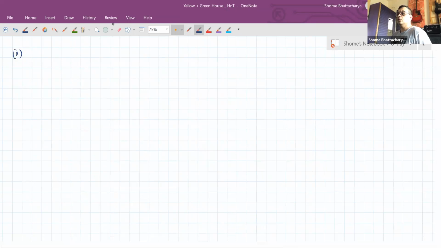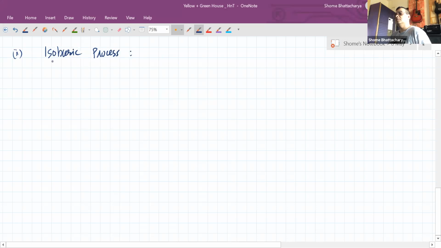So that you don't need to write down because you've seen this in the last lecture. Now the next thing, isobaric process. As the name suggests, baric has to do with pressure or bar. So this is a process at constant pressure.